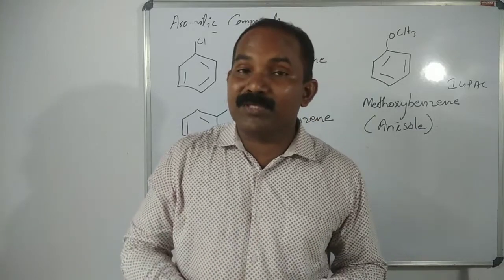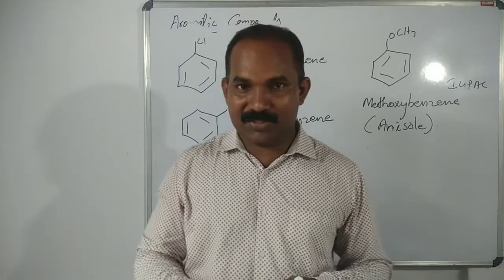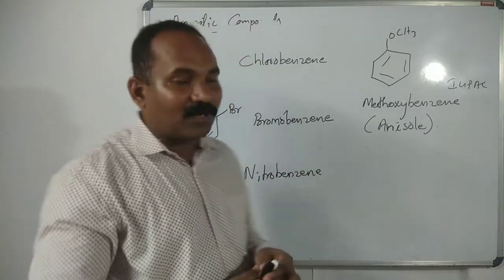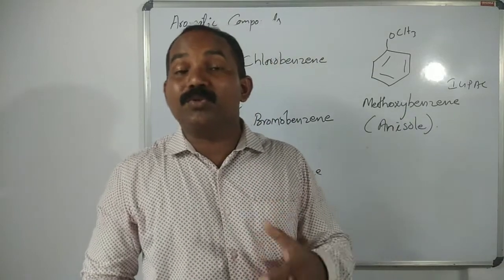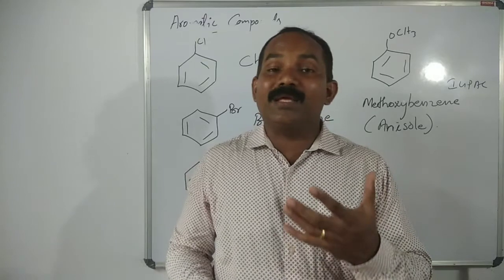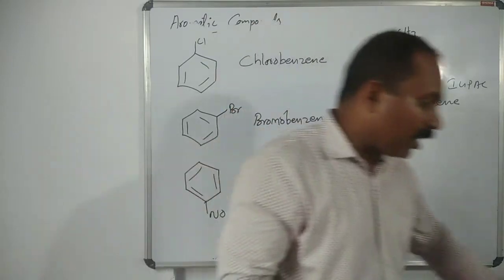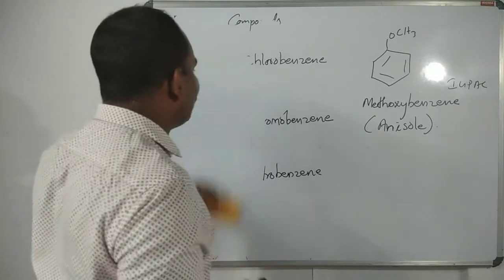So we have seen the IUPAC name as well as the common name. Some common names are accepted by the IUPAC organization. And another important thing: if 2 or more substituents come, how do we write the name? In that case, common names and IUPAC names are somewhat different.